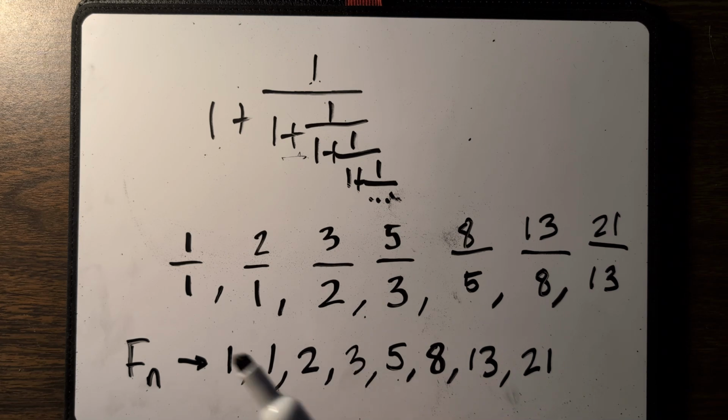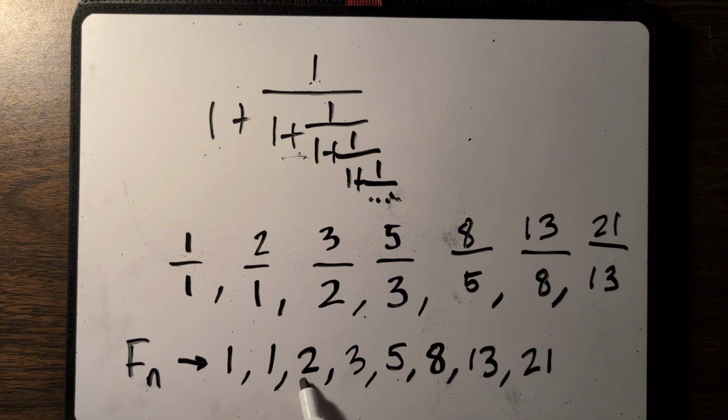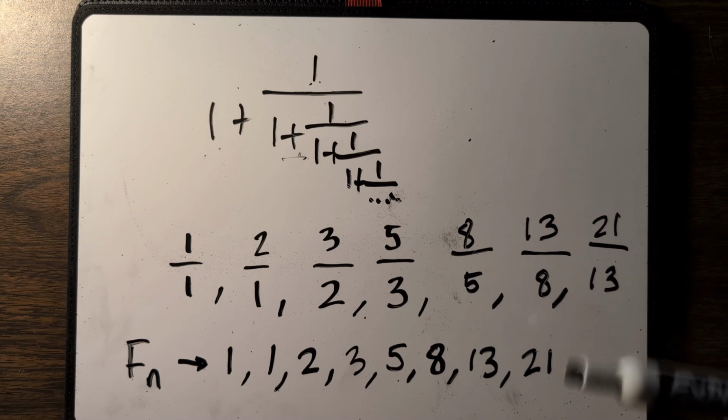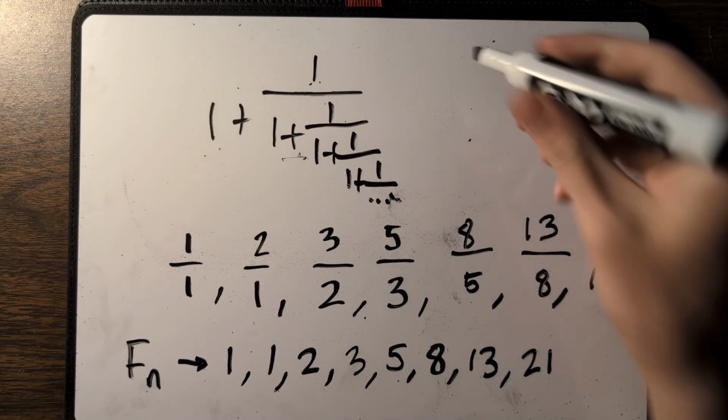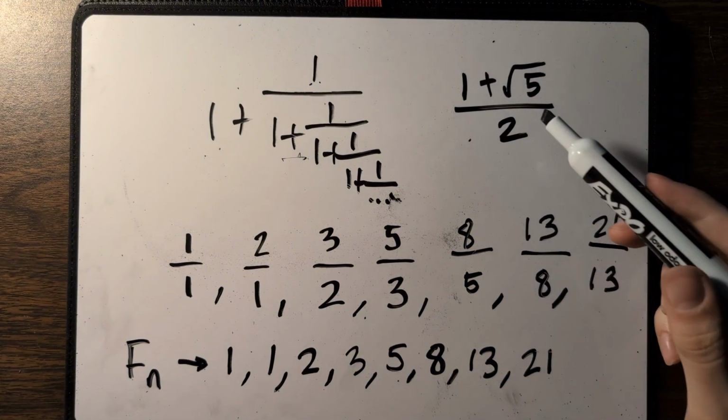I'll go this far so that you can see 1 and 1, 2 and 1, 3 and 2, 5 and 3, 8 and 5. And this goes on forever until we eventually reach the actual number of the golden ratio, which is about 1 plus root 5 over 2.